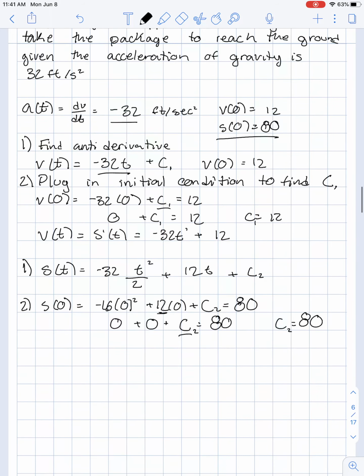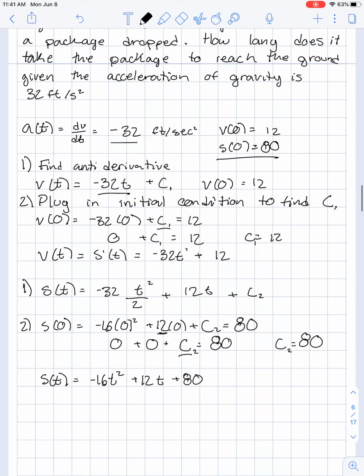Okay? So now I have s of t, and it's going to be negative 16t squared plus 12t plus 80. Right? Cool. So now I have my position function. Awesome. Well, let's go back and look at the question.